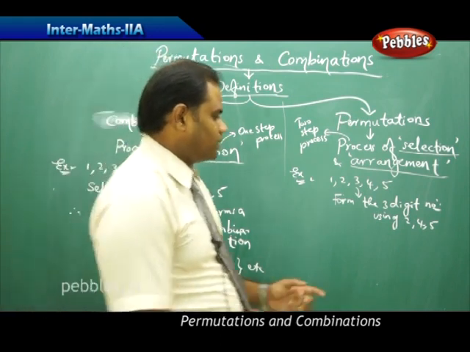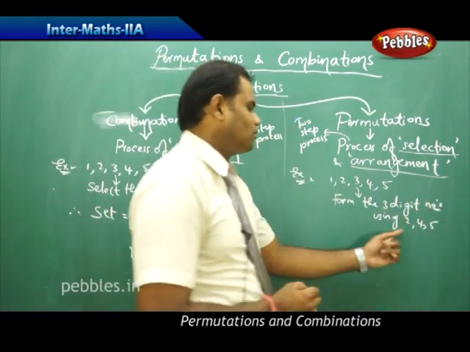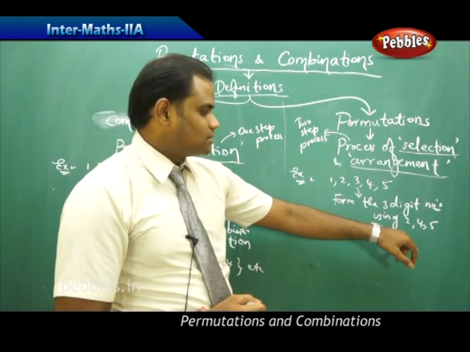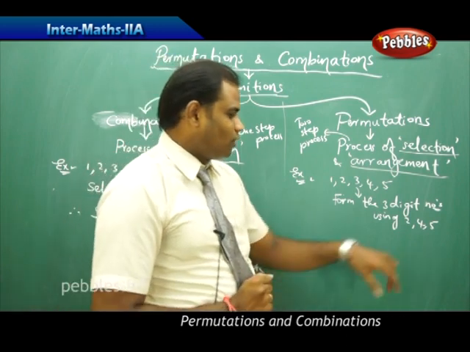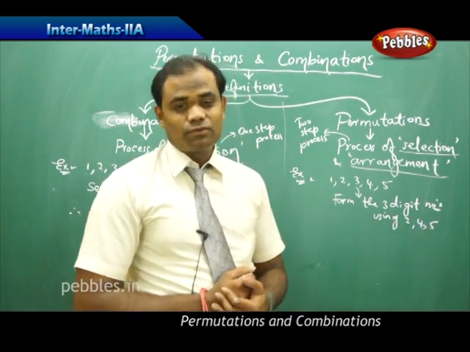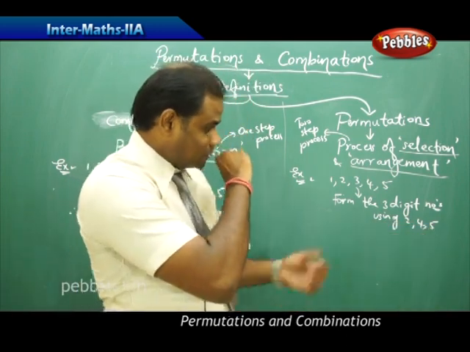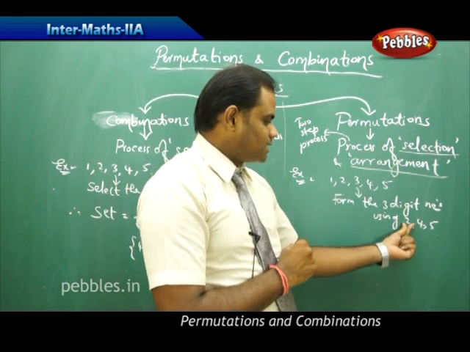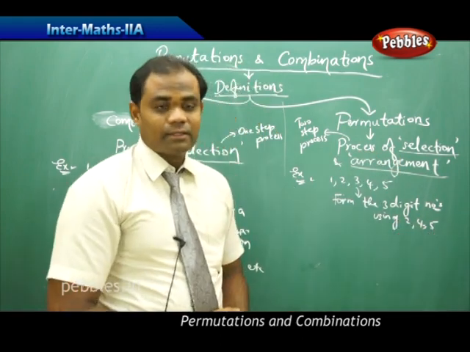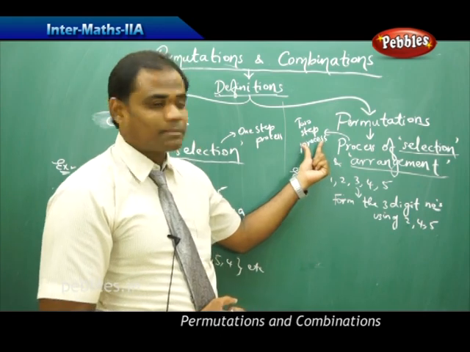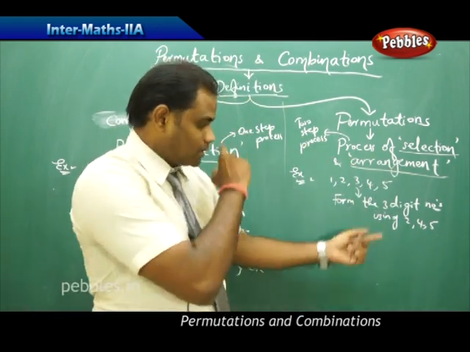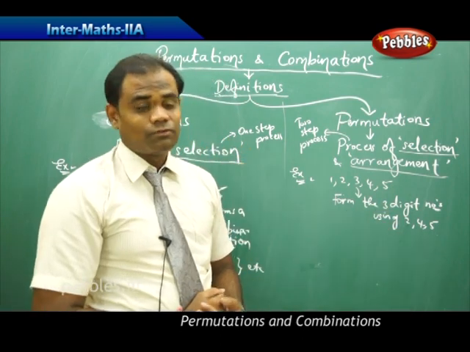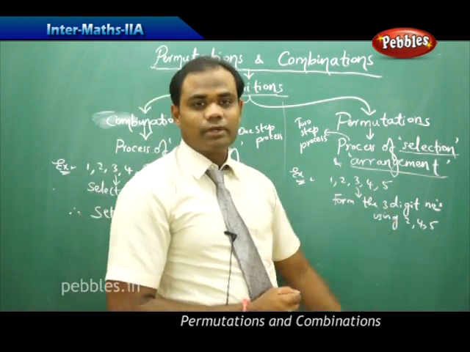So I want to find the 3-digit numbers which can be formed using the digits 2, 4 and 5. Now here the process is not only selection because already the digits which are selected are 2, 4 and 5, but here step 1 is selecting the digits 2, 4 and 5, and step 2, which makes this a 2-step process, is arranging them to form a 3-digit number as the question desires. Forming the 3-digit numbers using 2, 4 and 5.